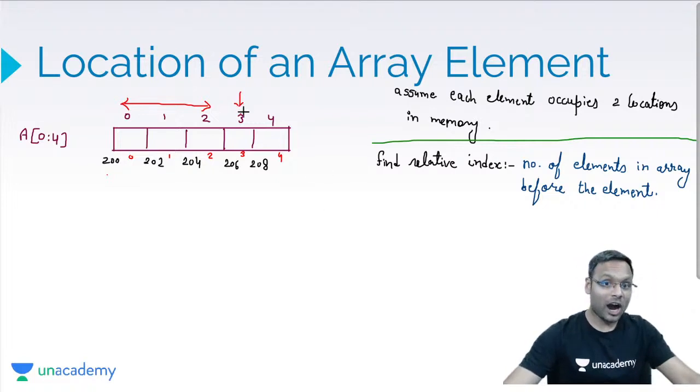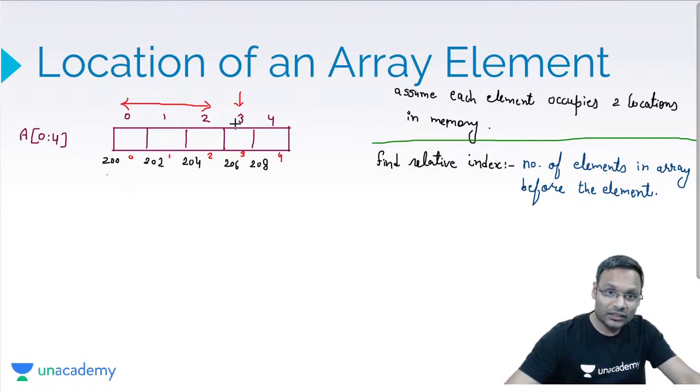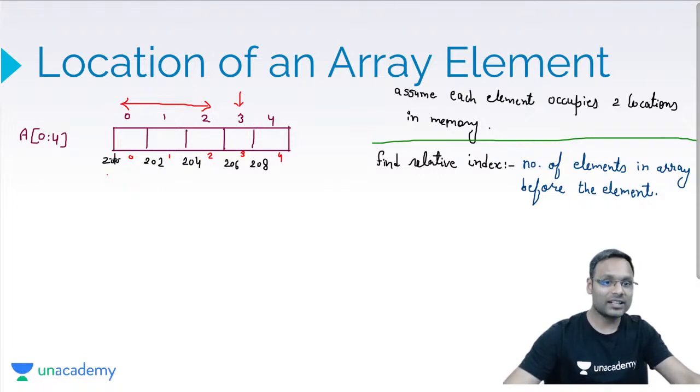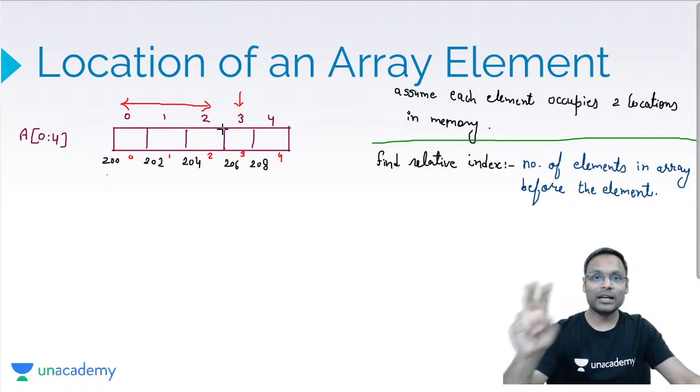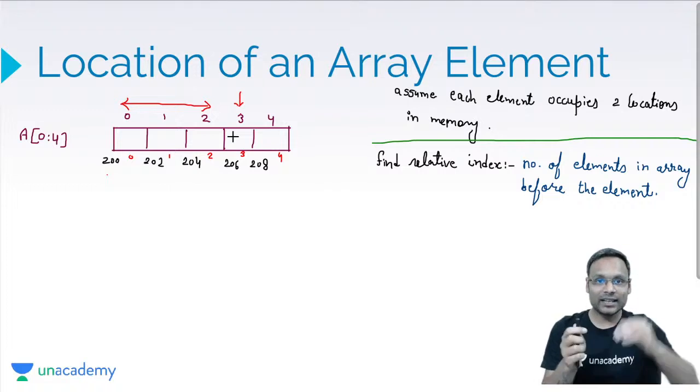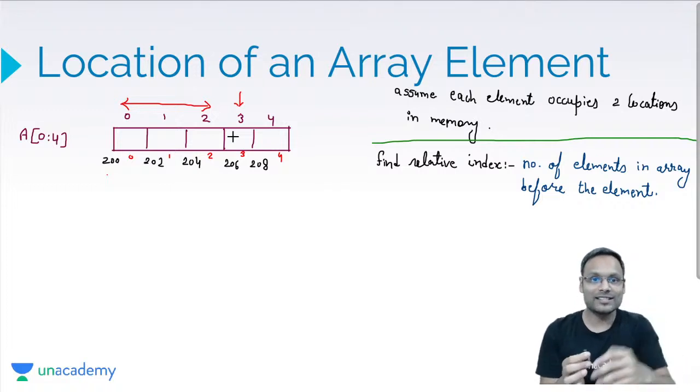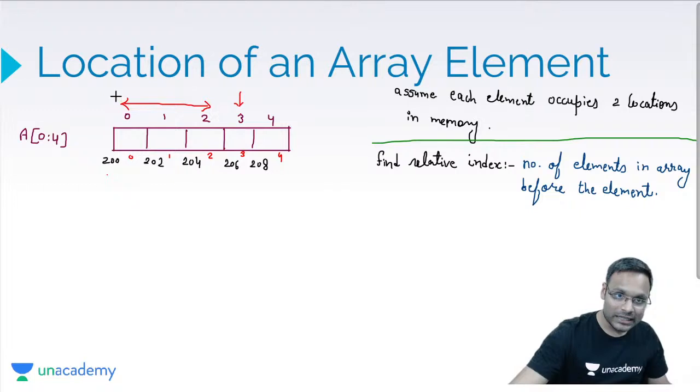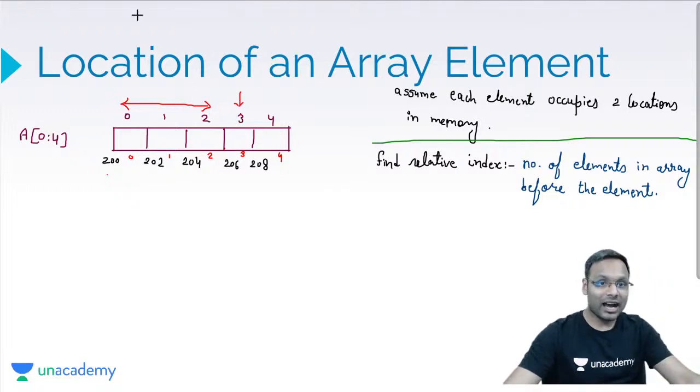कितनी दूर है, how much distance is this 3 stored from the base address? Base plus 6. And how did I get that 6? By understanding how much total space is required by all these 3 elements which I have stored before this 3. So I will write the formula this way.